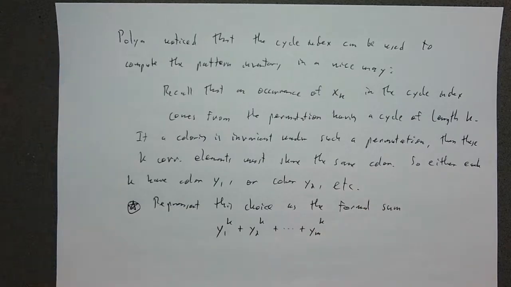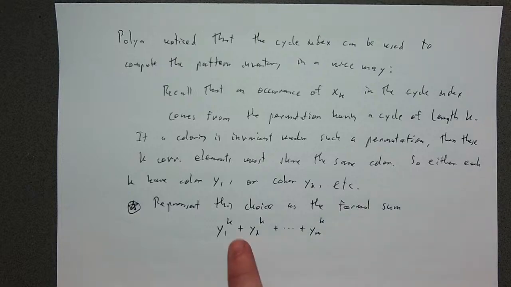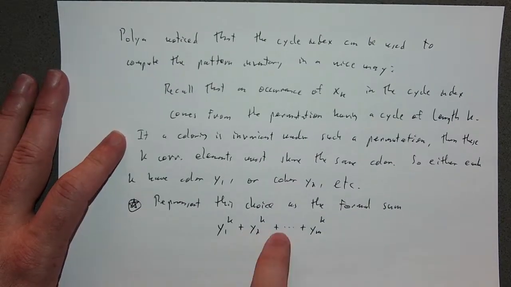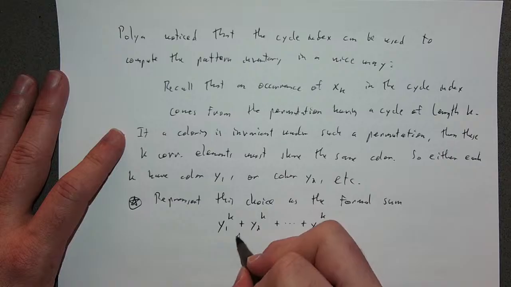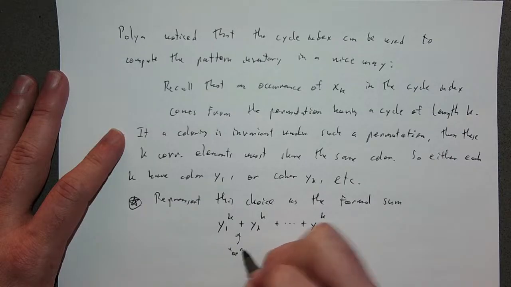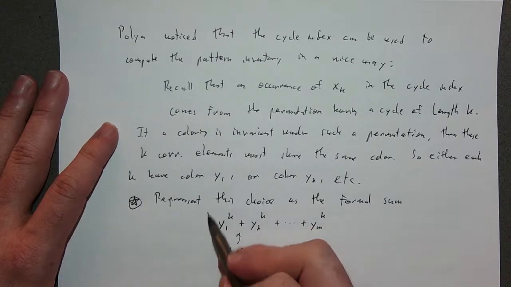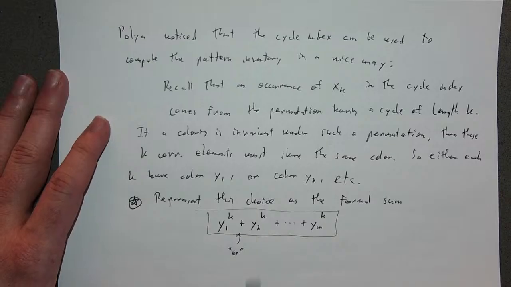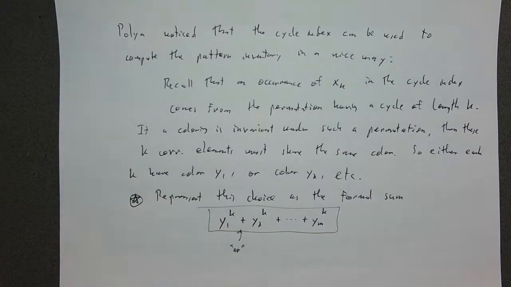Remember, this was our formulation in generating functions for making choices not in sequence, but this was an OR operation, right? So this plus is an OR operation. And it's this expression that we're treating as formally indicating this.